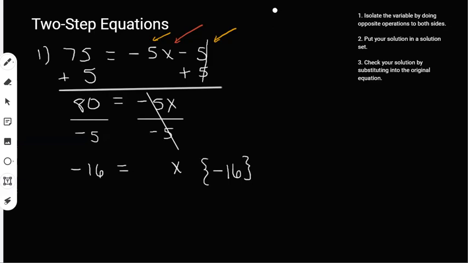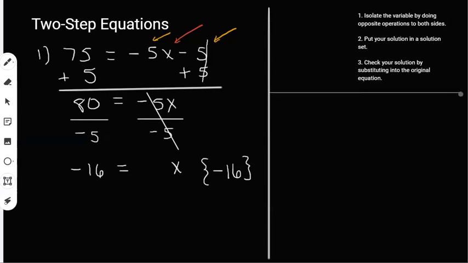Okay, so over here, what I want to do is I want to check my work. What we're going to be doing is checking this solution, negative 16, by substituting it back into the original equation. So my original equation that I was given was 75 is equal to negative 5x minus 5.